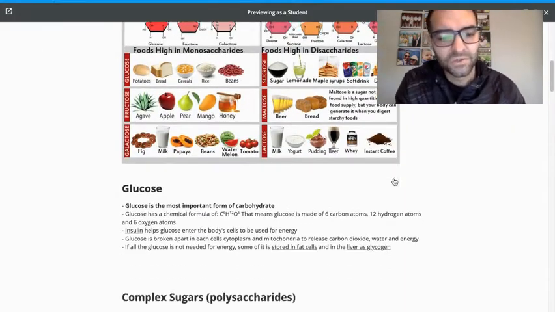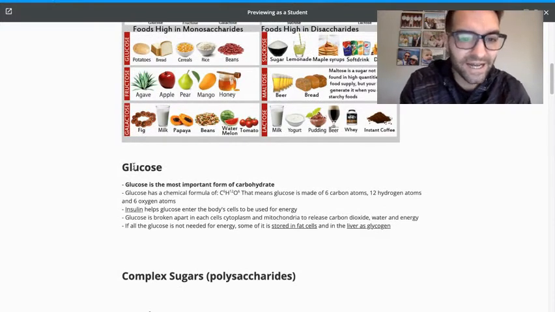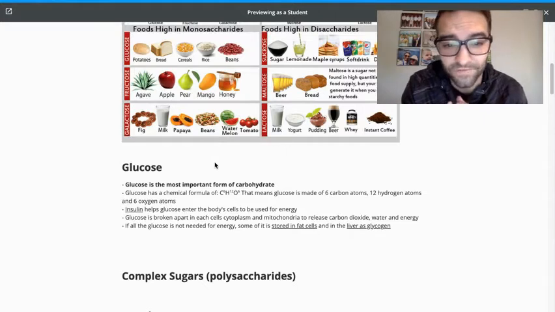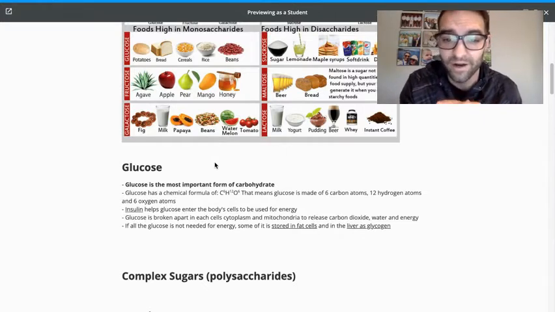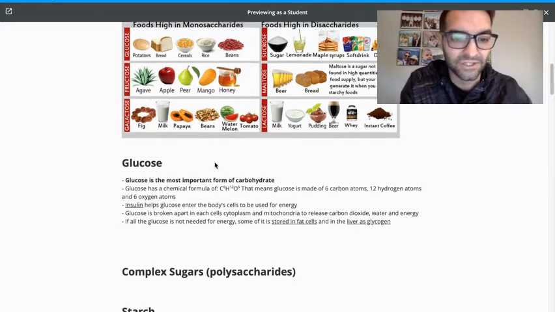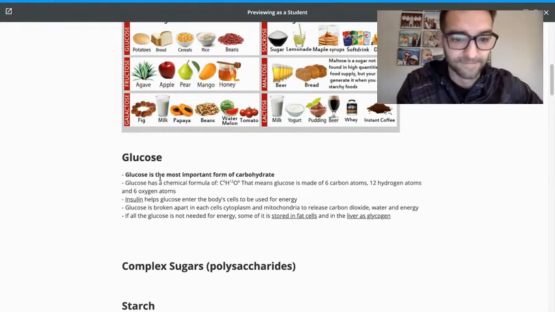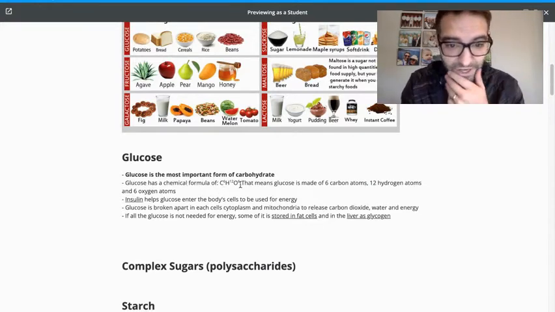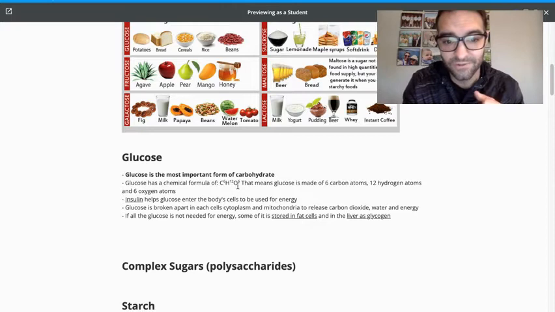So then, continuing on, I added just a few more notes about glucose because it really is the most important form of carbohydrate. It's the one our body can use the easiest and the best. So glucose is the most important. It has a chemical formula of C6H12O6, and then a little explanation of what that means.